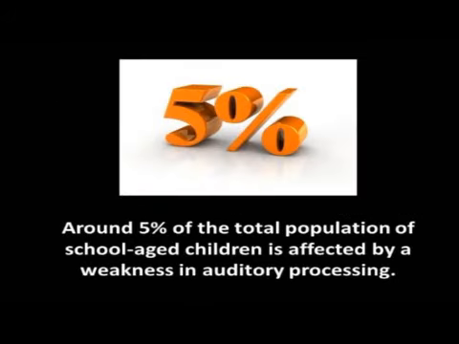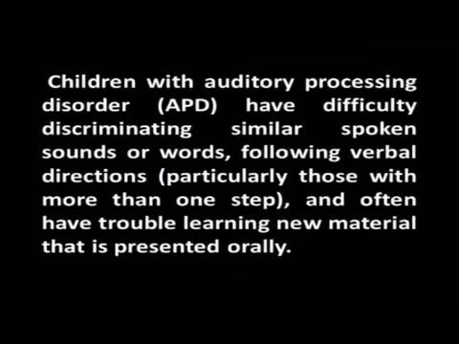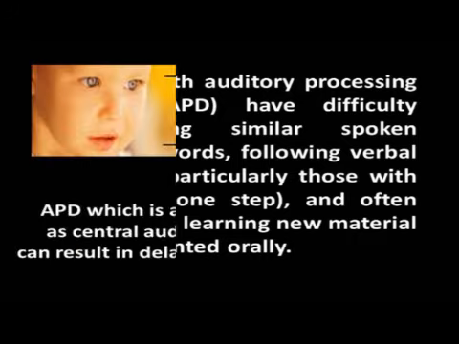Around 5% of the total population of school-age children is affected by a weakness in auditory processing. Auditory processing refers to how a person's brain processes or interprets auditory information received from the environment, particularly speech sounds. Children with auditory processing disorder have difficulty discriminating similar spoken sounds or words, following verbal directions, particularly those with more than one step, and often have trouble learning new material that is presented orally.